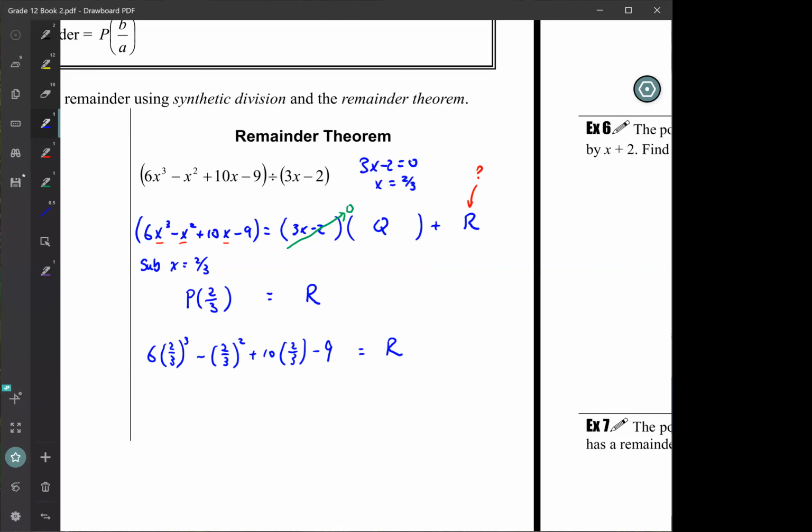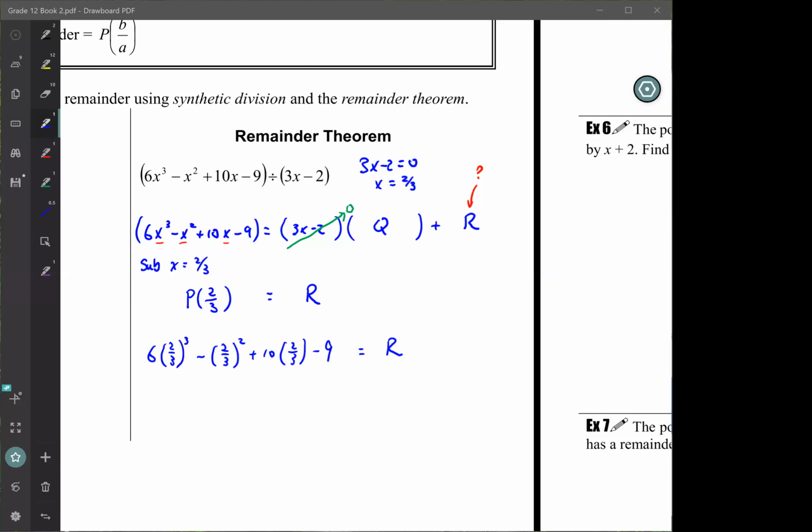Okay, anyone confused here? Can you raise your hand if you understand up to here? All right, so please take out the calculator. All right, so type this in, okay? 6 times 2/3 cubed. Make sure you have brackets.